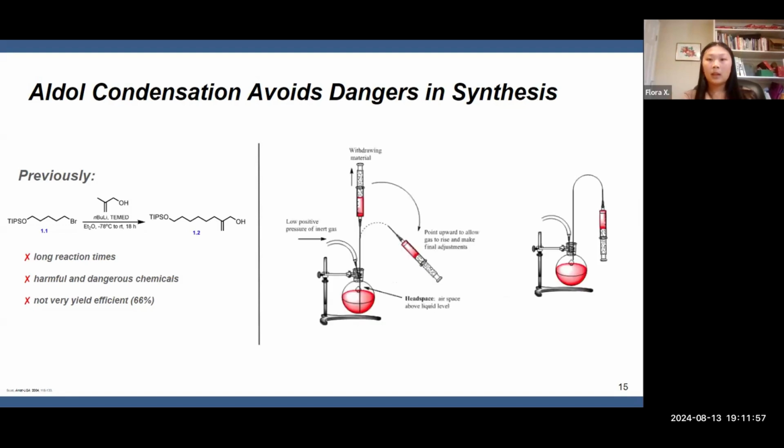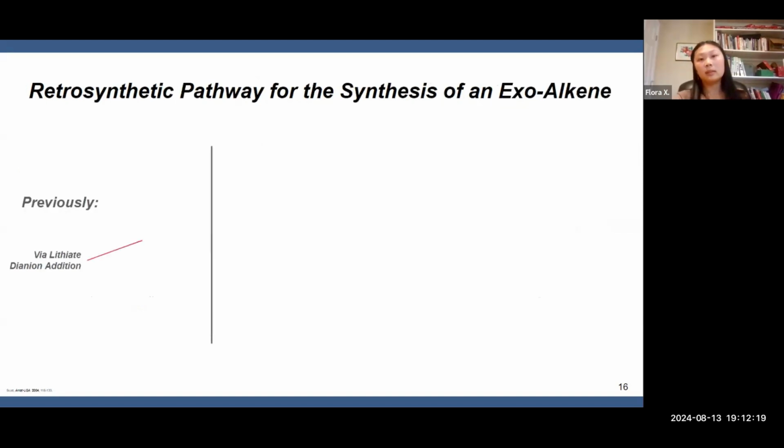Alongside that, the transfer of multi-grams of this material is extremely tedious, with needing to have everything under inert gas and making sure that everything is very sealed. And this causes it to be hard to access the intermediate 1.5 that I was talking about earlier with ease.